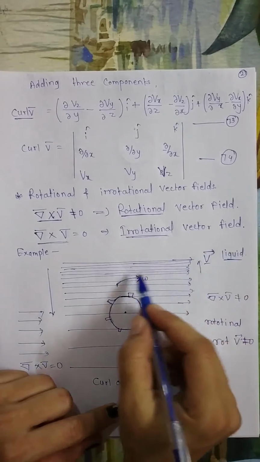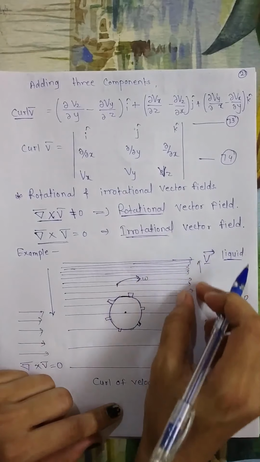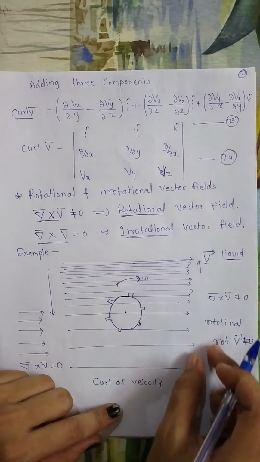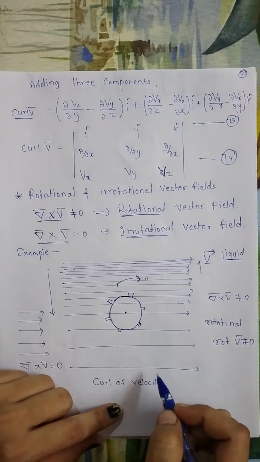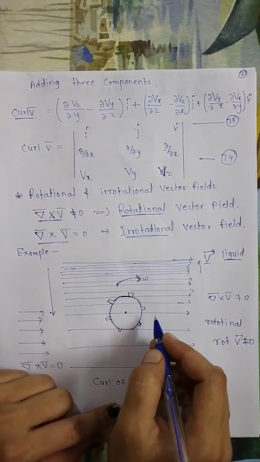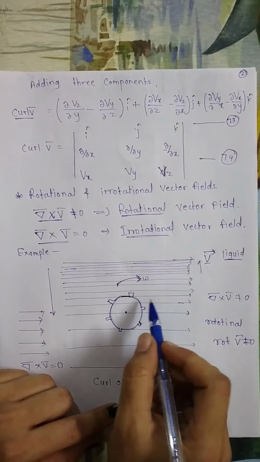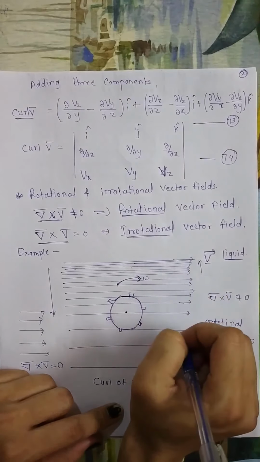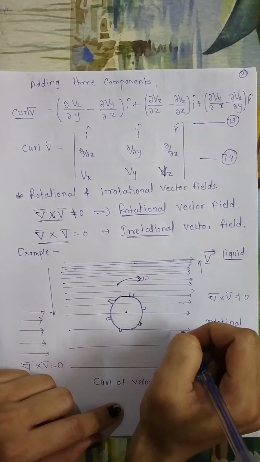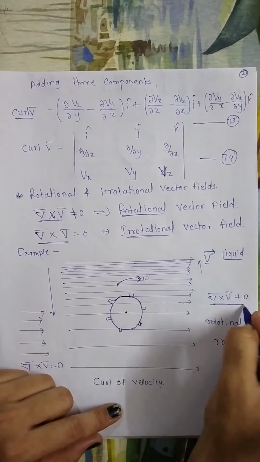In the upper region they are dense, and as we go to the lower region their distance keeps increasing. Due to this the velocity is large in the upper portion and lower in the lower portion. So due to this variation the curl of velocity exists, that is del cross v bar is not equal to 0.